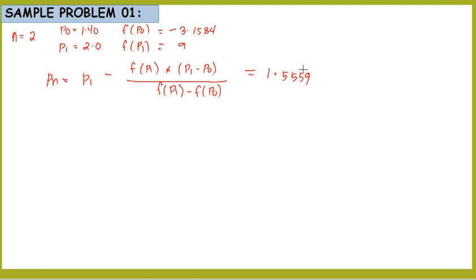So, if you still remember, in our second method, P0 is equal to the P1 of the last iteration, and then P1 is equal to the Pn of the last iteration.